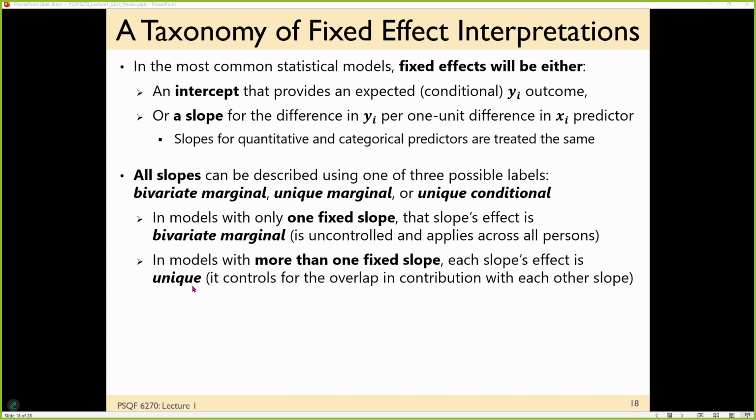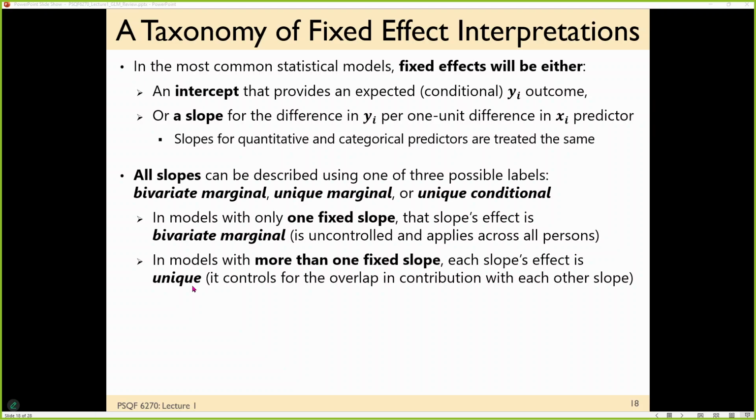Likewise, if I have x2, it's whatever it brings that x1 doesn't. Many, many synonyms for this exist: controlling for, holding constant, adjusting for, partialing for. I just say unique because it's shorter.